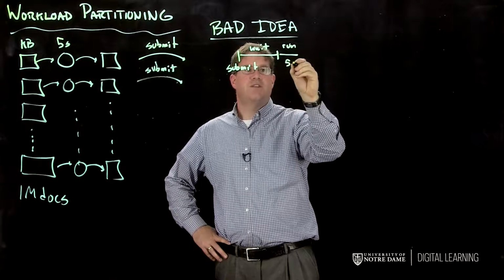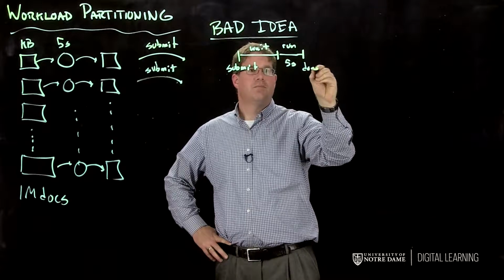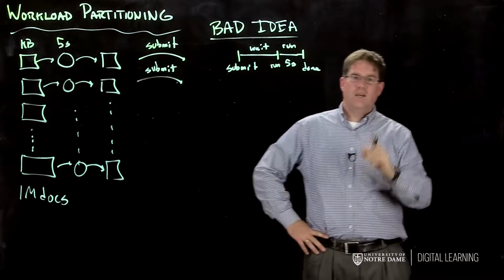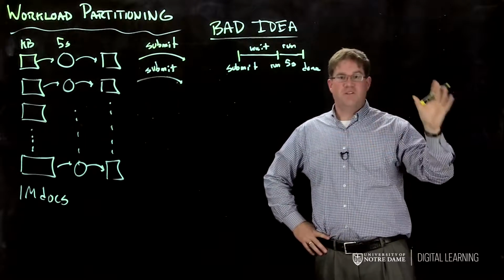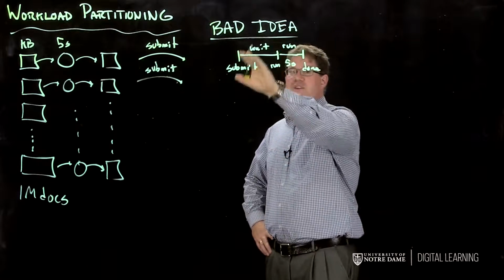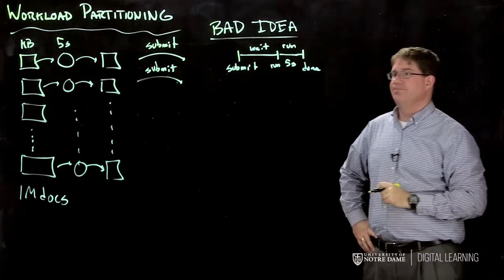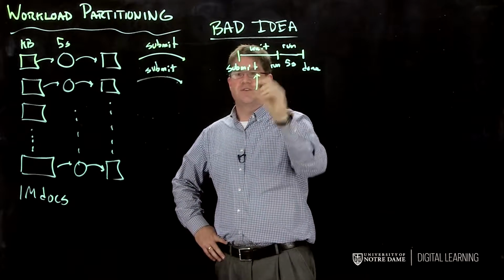And in this case, it runs for 5 seconds. And then finally, it's done. Now here's the problem. In most batch systems, this wait time is non-trivial. And I'm going to give you a rule of thumb. And that rule of thumb is that this wait time is about 30 seconds.